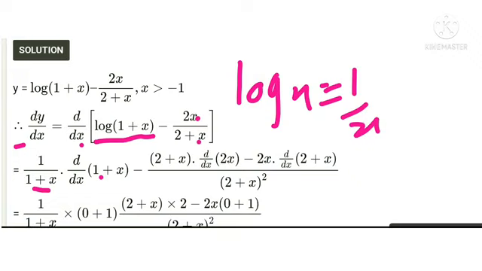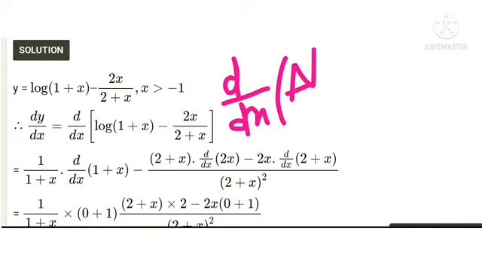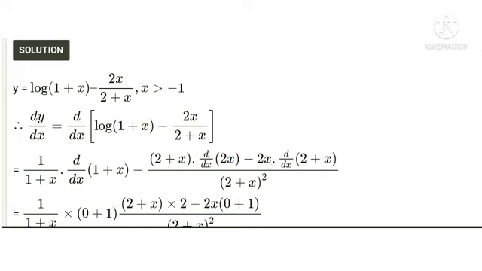What is the quotient rule? Do you remember? d by dx of numerator upon denominator: denominator into derivative of numerator minus numerator into derivative of denominator, upon denominator square. So 2 plus x into derivative of 2x minus 2x into derivative of 2 plus x, upon 2 plus x bracket square.